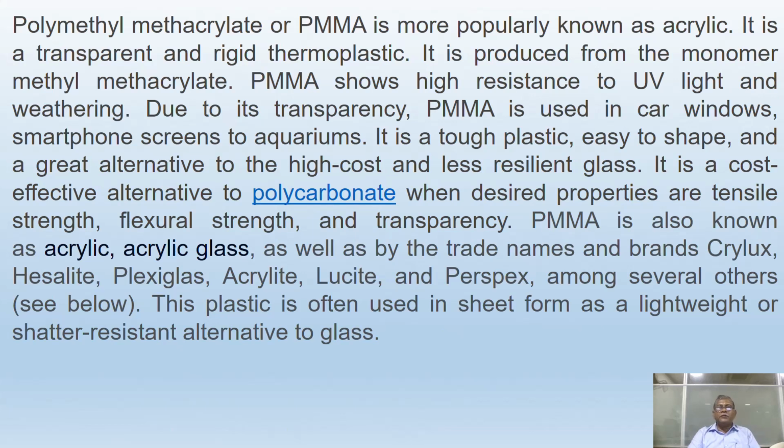PMMA is most popularly known as acrylic. It is a transparent and rigid thermoplastic. PMMA shows high resistance to UV light and weathering. Due to its transparency, PMMA is used in car windows, smartphone screens, and aquariums. It is a tough plastic, easy to shape, and a great alternative to high cost and less resilient glass.